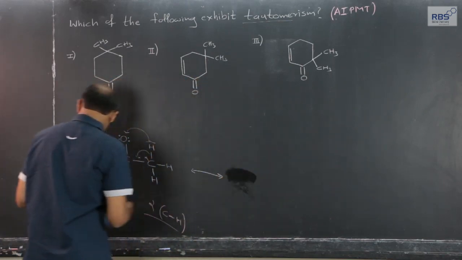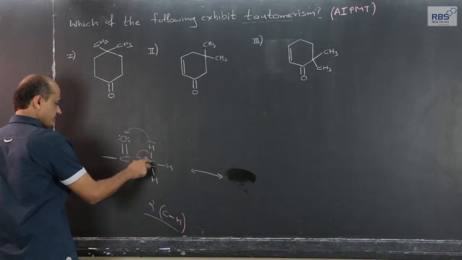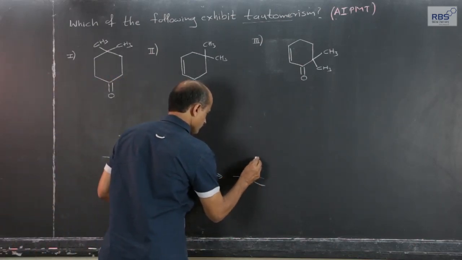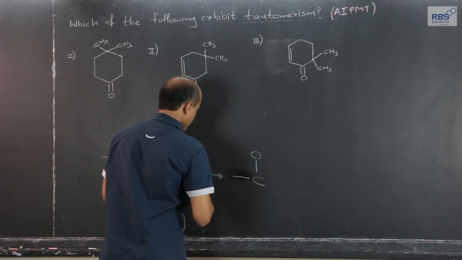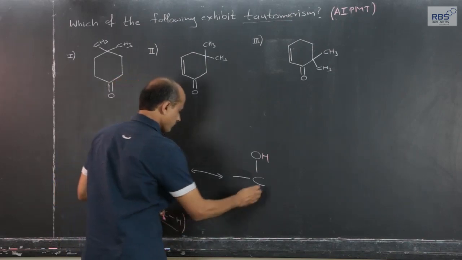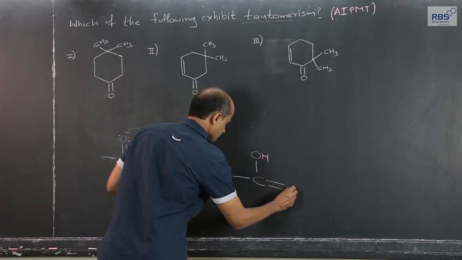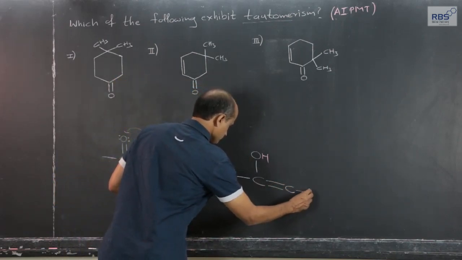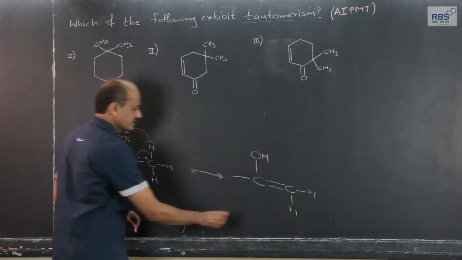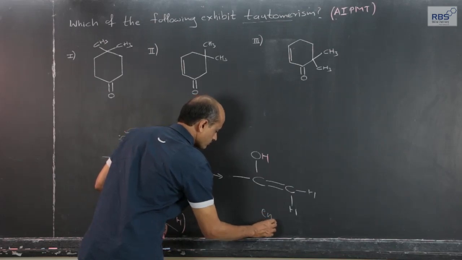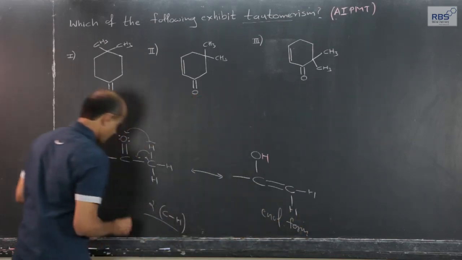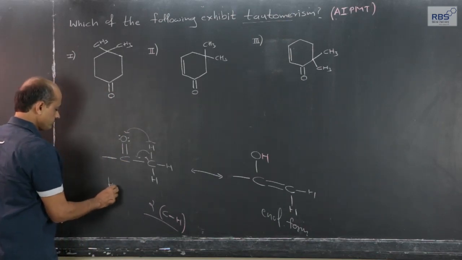This is the keto form, the alpha CH bond is present, the hydrogen atom, and therefore, this is called the enol form, and this is basically the keto form.